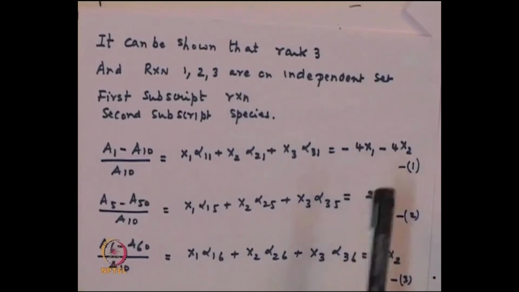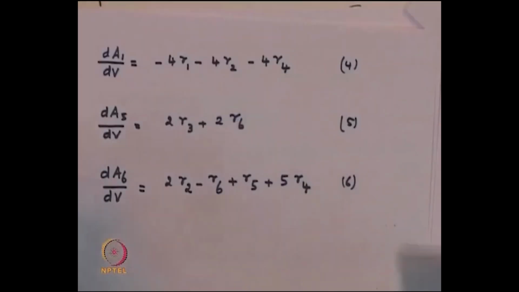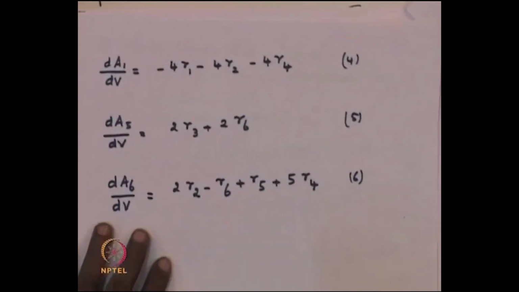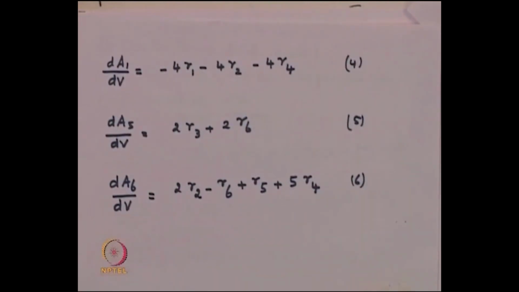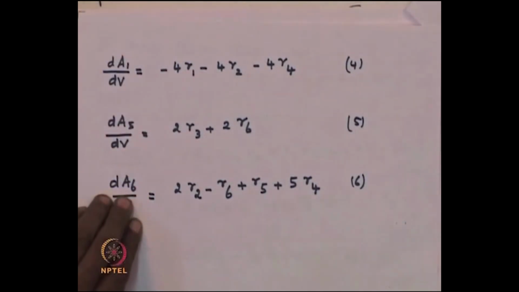So, what we are able to do using the stoichiometry is that we are able to express our left hand side in terms of x1, x2 and x3. A1 depends upon x1, x2, A5 depends upon x3 and A6 depends upon x2. So, the left hand side you are able to replace in terms of x1, x2 and x3. What is the right hand side?